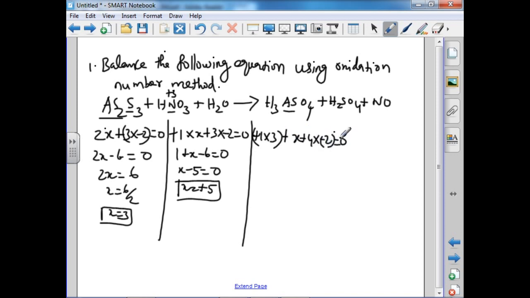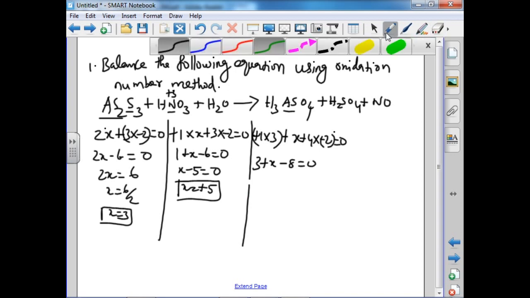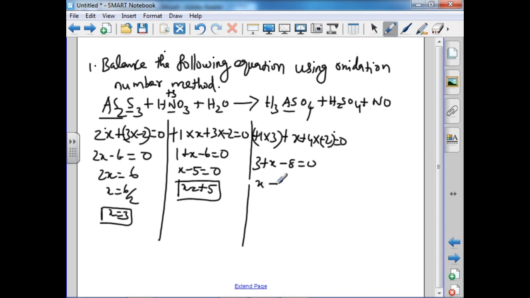That is a neutral molecule, so it is equal to 0. 3 plus x minus 8 equal to 0, x minus 5 equal to 0, x equal to +5. +5 is the oxidation state of arsenic in H3AsO4.